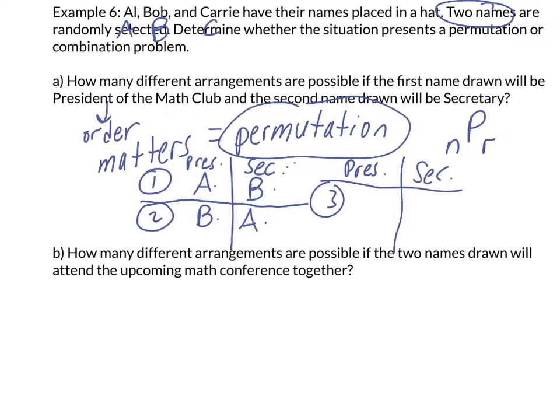Let me continue my list over here with my big old handwriting. We could also draw Bob, then Carrie's name. So Bob is president, Carrie's secretary. Or, again, we could draw the same exact pair of names, but if I draw Carrie's name first and Bob's name second, that's a different outcome, because now Carrie is president and Bob is secretary.